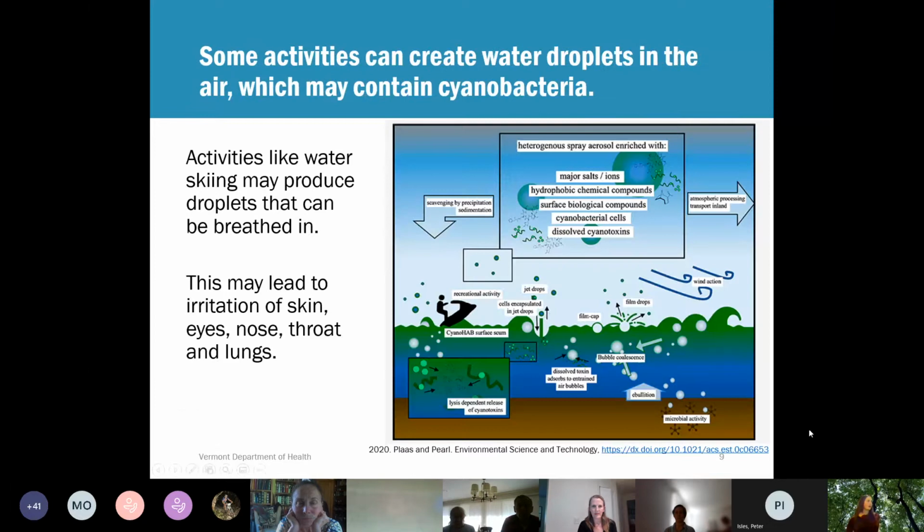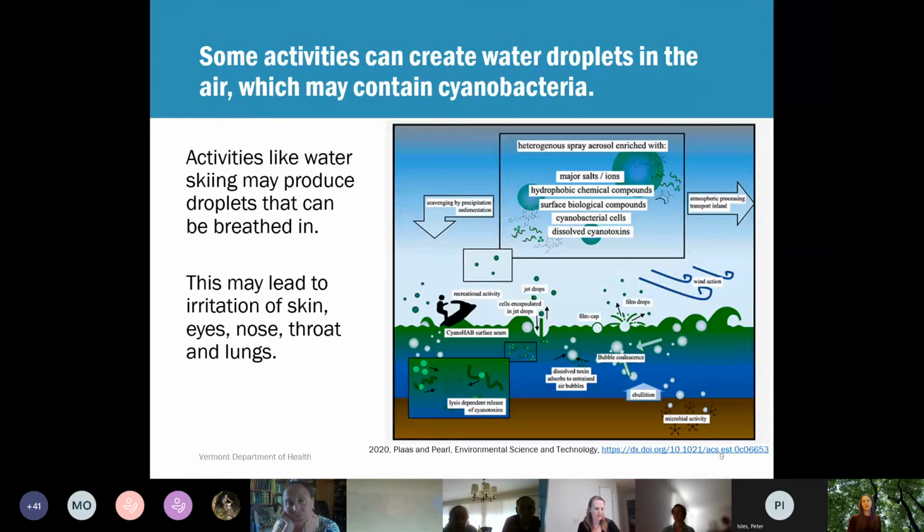Another question that we get a lot is about aerosolization of cyanobacteria, or aerosolization of particles. Can the cyanobacteria lift up from the lake and travel miles to people's homes and expose them there? The phenomenon of aerosolization does exist, and this schematic gives a nice visual summary of how that can happen.